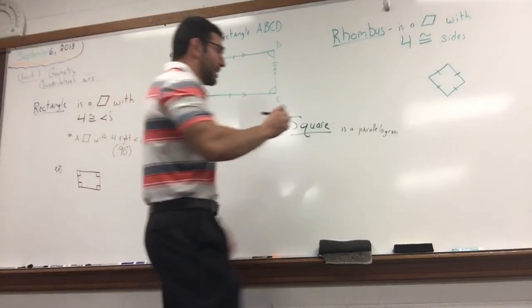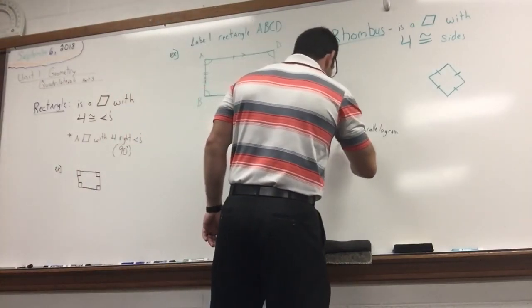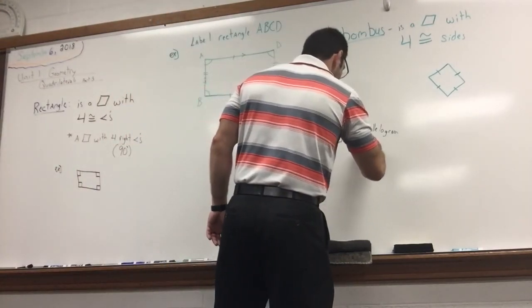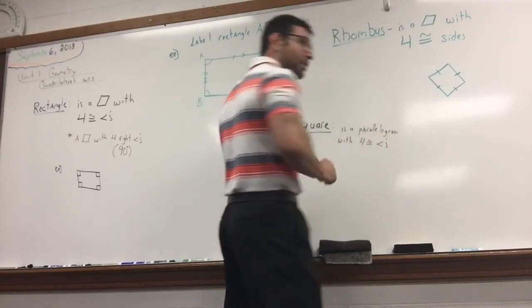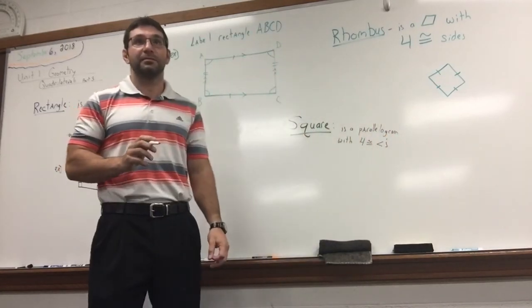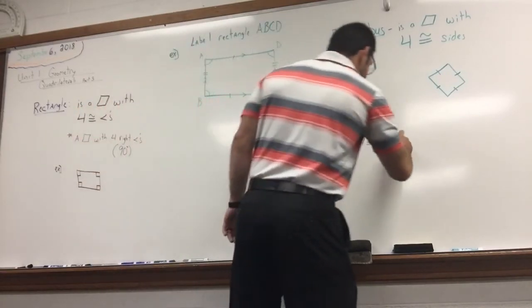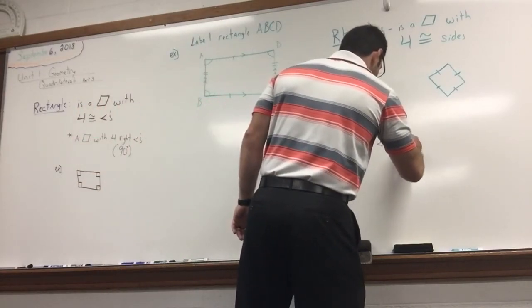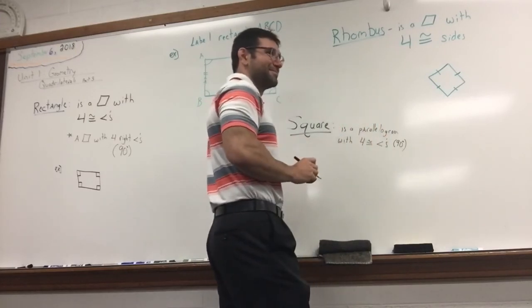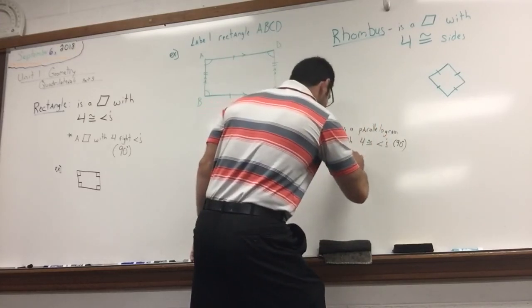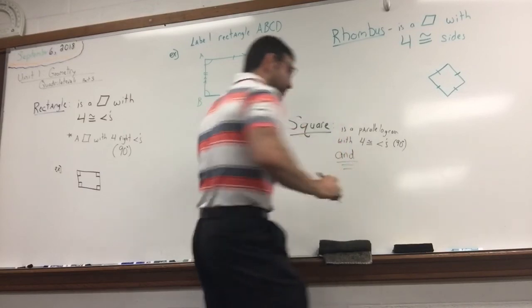Is a parallelogram with 4 congruent angles. What do we know those angles have to be? 90 degrees. And there's that key word.